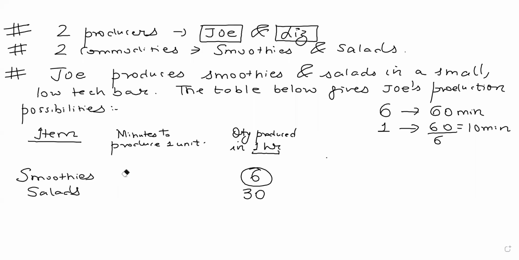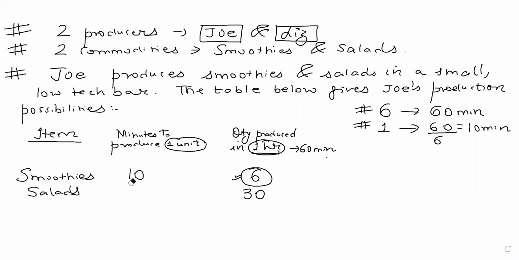So I can write 10 here. Joey can produce 1 smoothie in 10 minutes. 6 smoothies in 1 hour, and 1 hour is nothing but 60 minutes, right? So if 6 smoothies can be produced by Joey in 60 minutes, 1 smoothie can be produced in only 10 minutes.